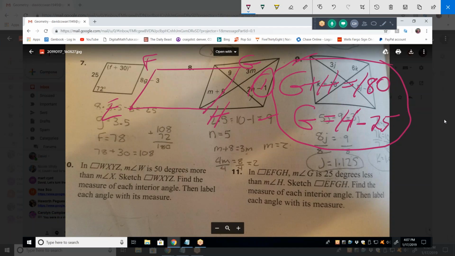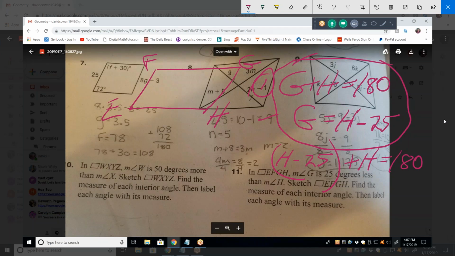I don't know. Okay, what's the second equation say? G equals H minus 25. Okay, now let's go back to the first equation. What is G? H minus 25. That's what that equal sign means. Wherever you see G, you can substitute whatever's on the other side of that equal sign. So H minus 25 instead of G, I'll put parentheses around it, plus H equals 180.